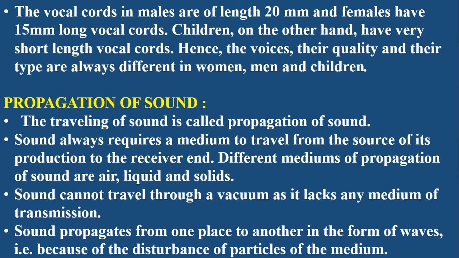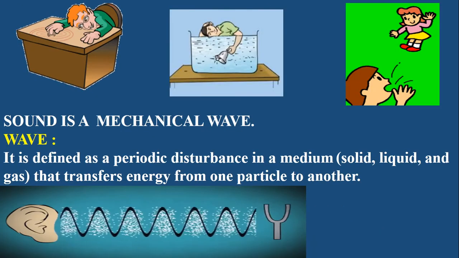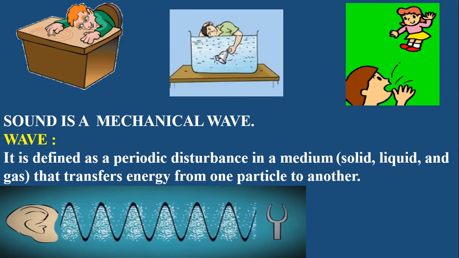Basically what happens is when an object vibrates, the air particles near the object get energy and start vibrating. In this process, these air particles transfer the energy to the next air particles. In this way, the energy is transferred from one place to another place in the form of a wave.